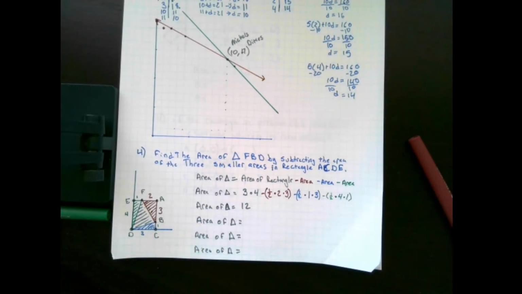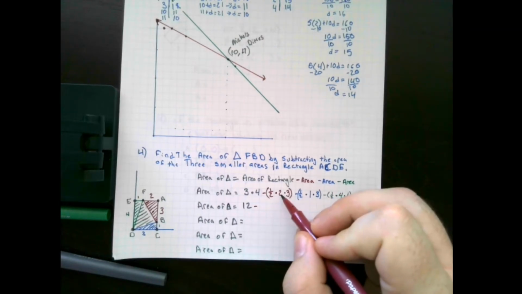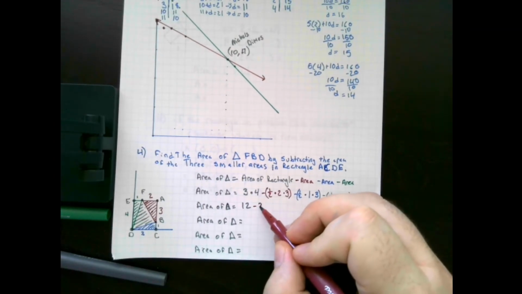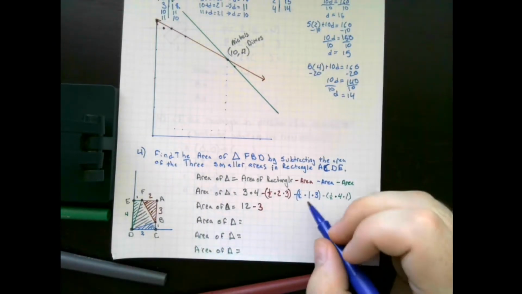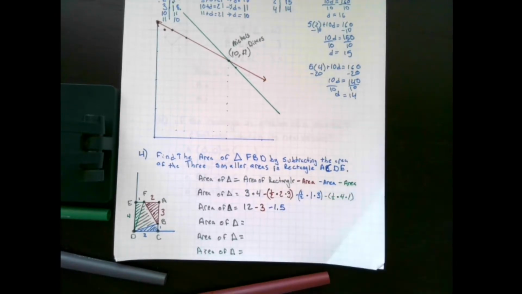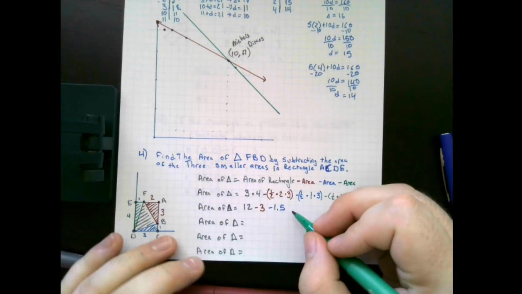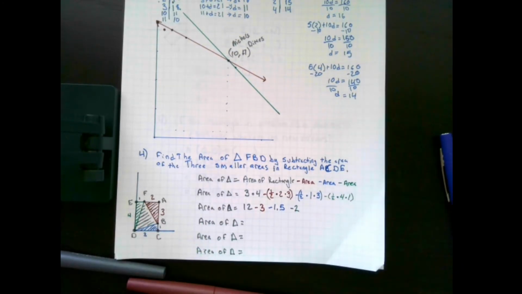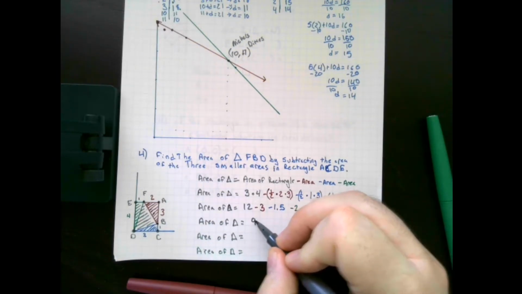So if we have 3 times 4, that's 12. Half of 2 is 1, times 3 is 3. Half of 1 times 3 is 1.5. And half of 4 times 2 is 2. If we take 12 minus 3, that's 9.